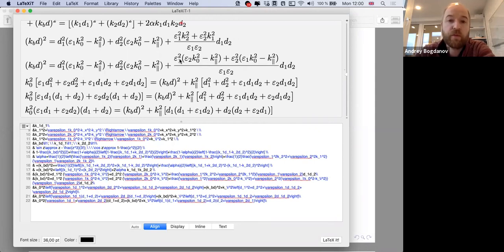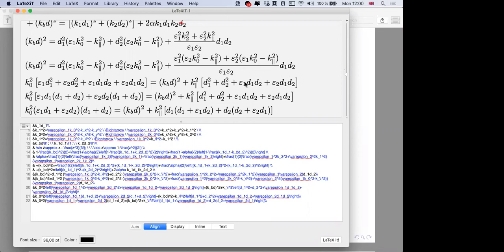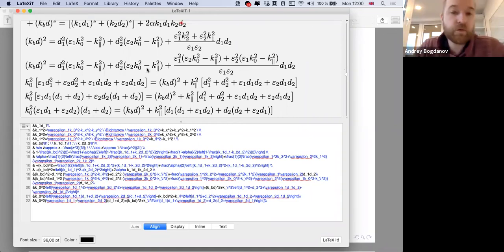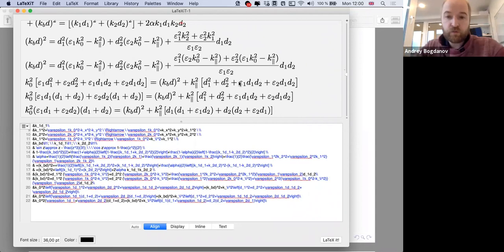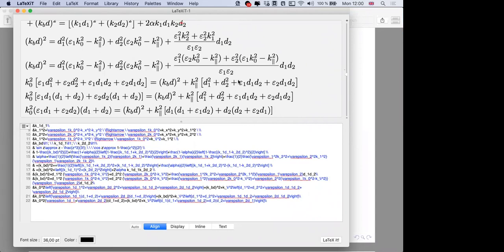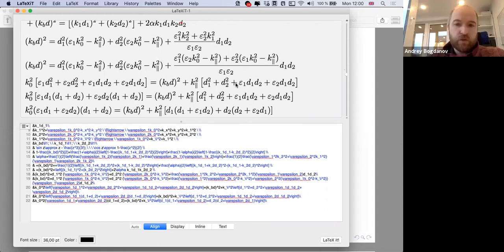Because for k parallel, I have epsilon 1 over epsilon 2 and d1, d2, plus epsilon 2 over epsilon 1, d1, d2. Okay, so here I should write a fraction, yeah?